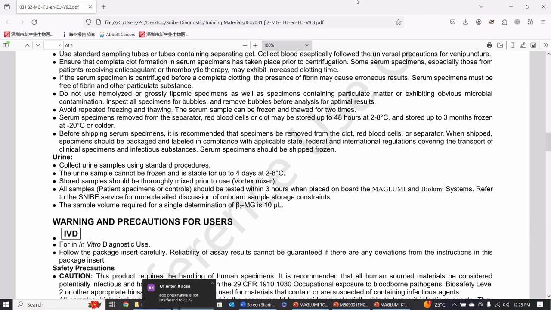So it needs an experiment, but in this package insert, I have no idea about that. So you need to do an experiment. Anton K, you need to do one experiment.